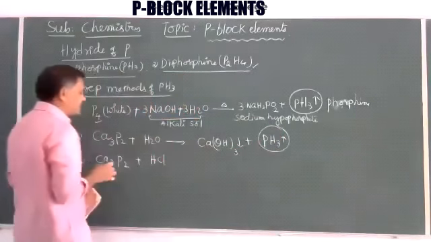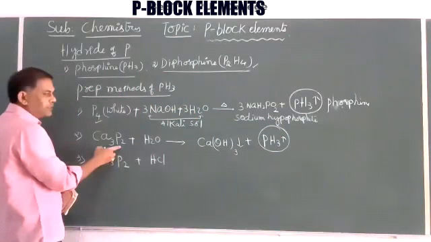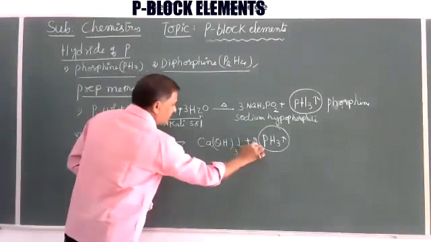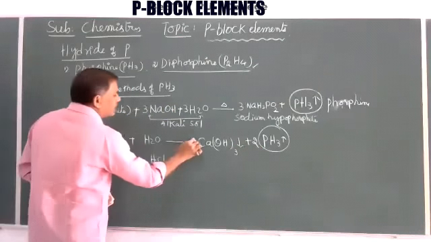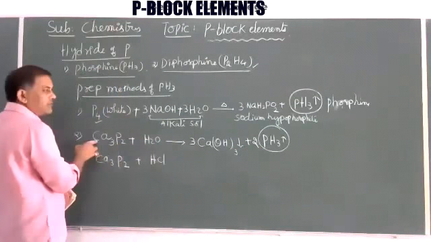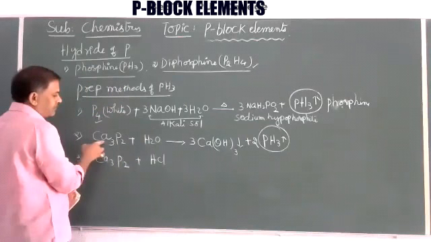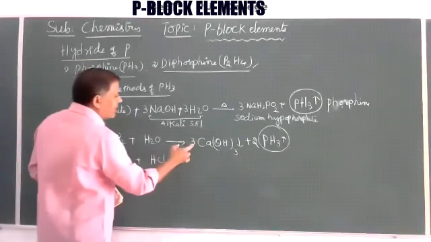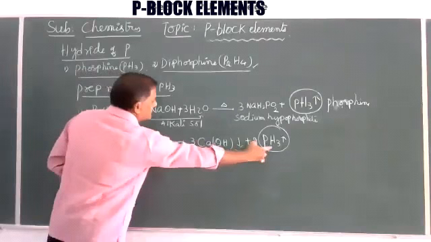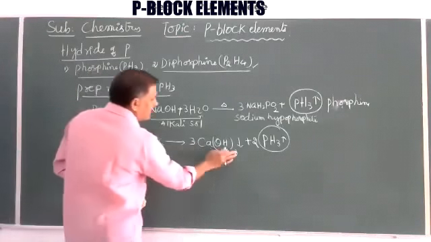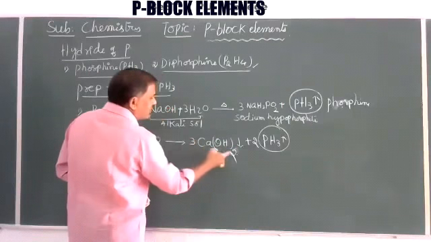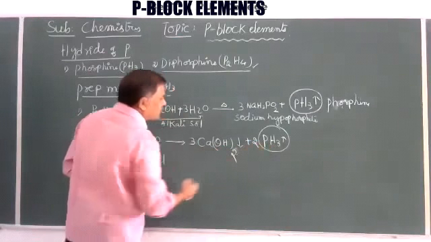Now balance it here. 2 phosphines are there, so take care of the 2 phosphorus, that's why you take 2 moles. Here the 3 calciums are there, 3 moles. Finally hydrogen atoms are 9 plus 6, 15. So here this is taken twice, 6 plus 6, 12 are there.